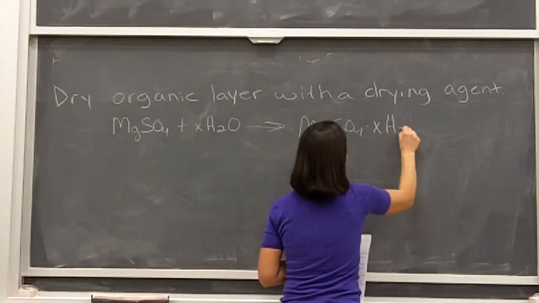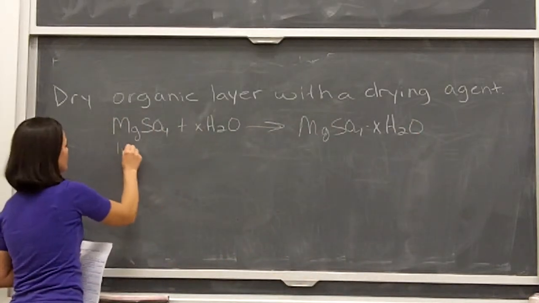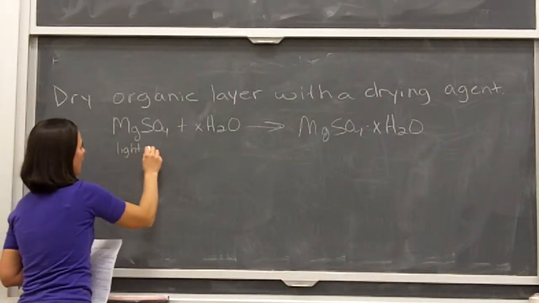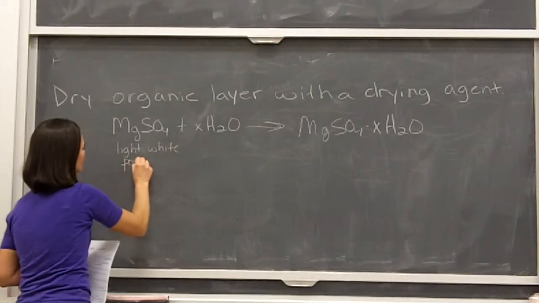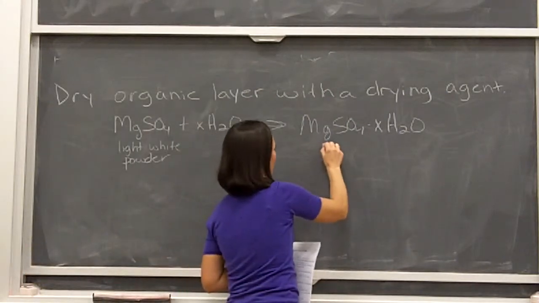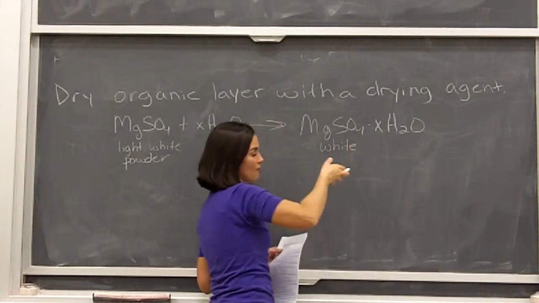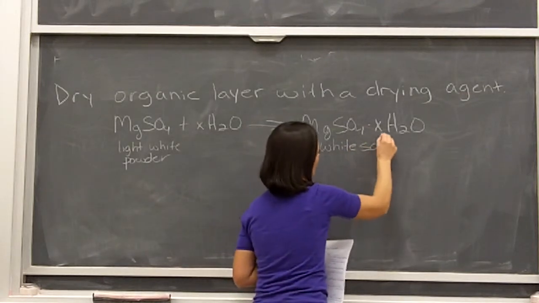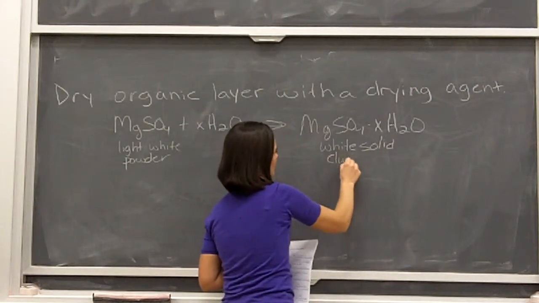And forms this hydrated complex. This is a light white powder like flour. This is more like white, or depending on the color of your solution, colored solid clumps.